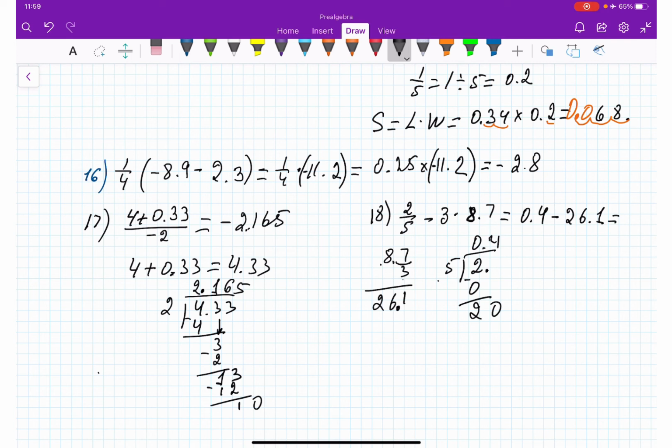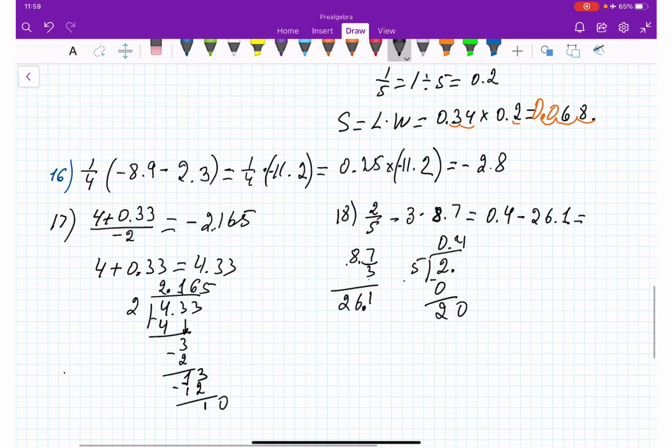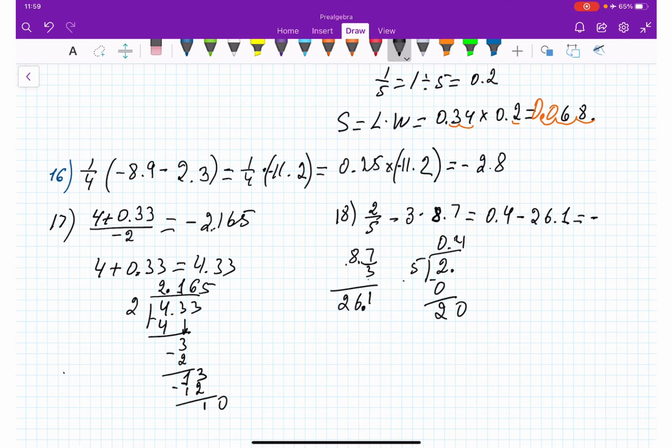So it's going to be definitely negative, right? And 26.1 minus 0.4, decimal under decimal point. 11 minus 4 is 7, here left 5, decimal point. Here is 2, 25.7. Okay, it's equal to negative 25.7. Okay, cleaning, drafting.